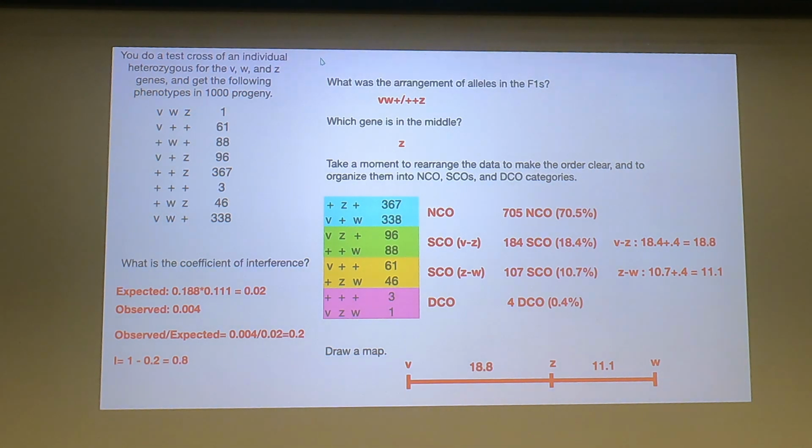So to get the coefficient of interference, you just take 1 minus the observed divided by the expected, which was 0.2, and you get a coefficient of interference of 0.8. And remember, coefficient of interference varies from 0, which is no interference at all, to 1, which is lots of interference. So this is saying there's a fair amount of interference going on in this cross.